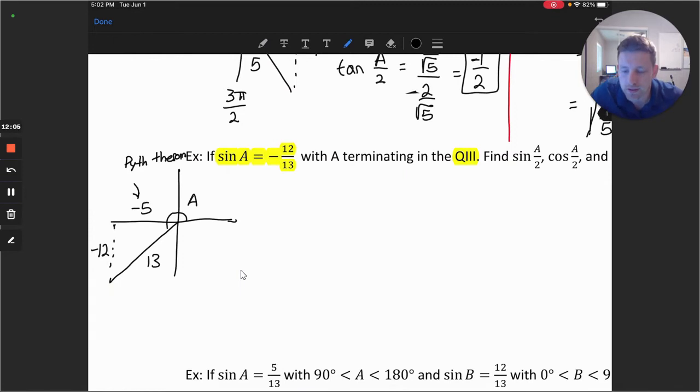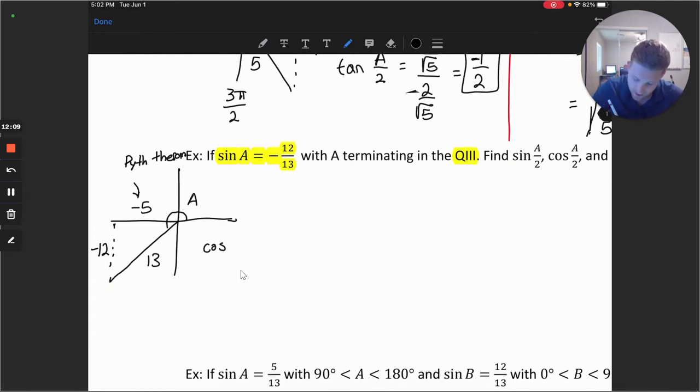We know we're going to need to find the cosine of A for each of these problems. So the cosine of A would be, again, our adjacent side, negative 5, divided by the hypotenuse, which is 13. So there's my cosine of A in that quadrant.